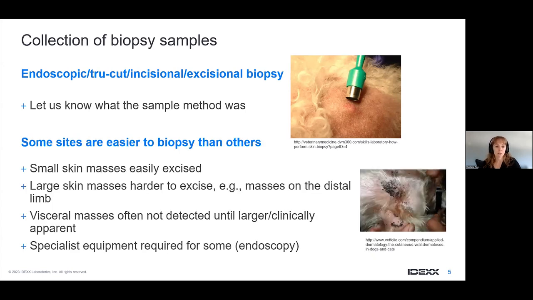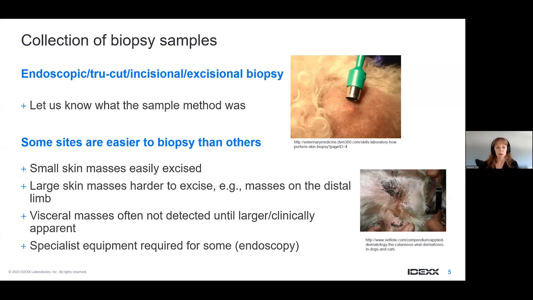Some sites are easier to biopsy than others. For example, if you have a small skin mass, as shown in this picture, it is so small that it can probably be completely removed just with a punch. Large skin masses, and we're going to come to whole organs as well, are more difficult to excise, as are, for example, masses on the distal limb.